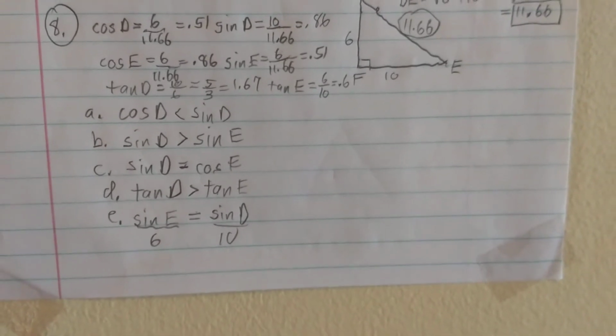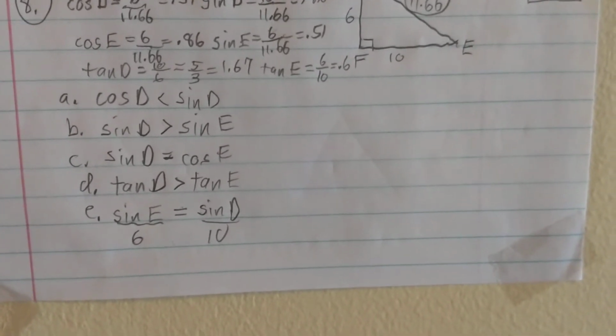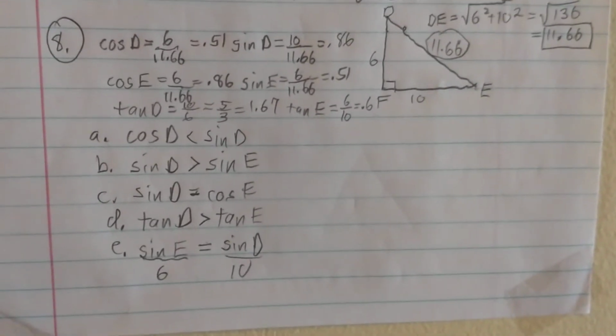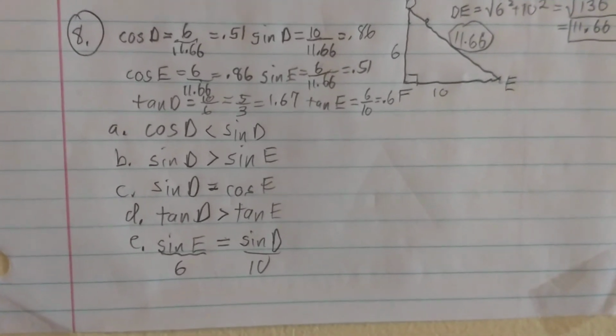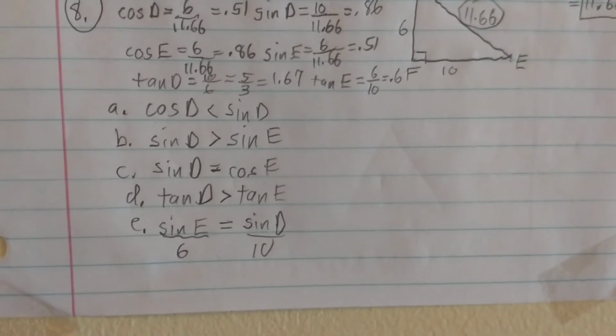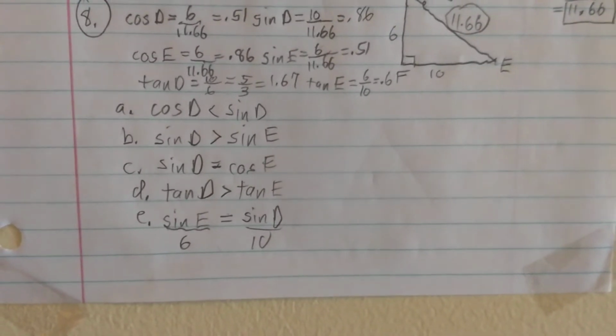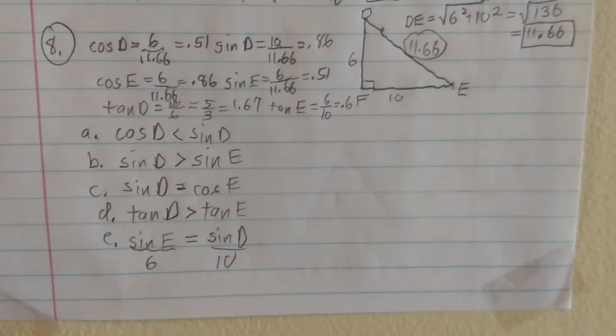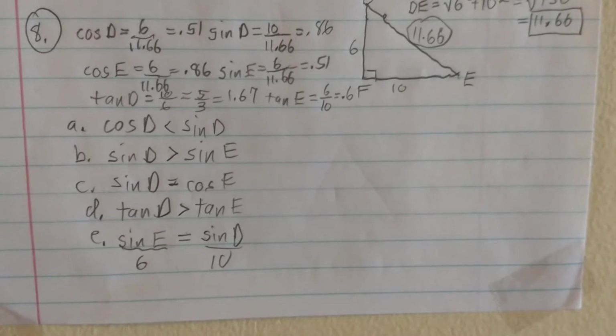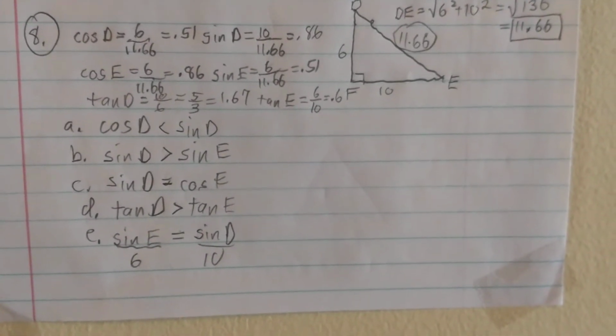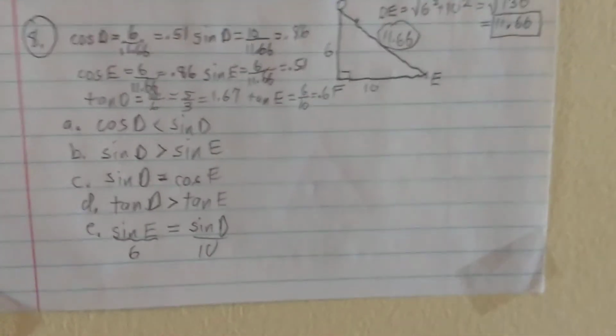And so tangent D is opposite over adjacent, which is 10 over 6, or 5 over 3, which is 1.67. And tangent E, from the right, is 6 over 10, or 0.6.